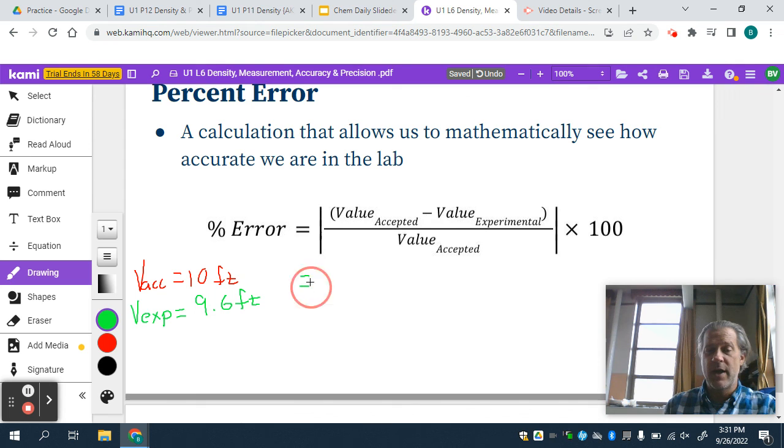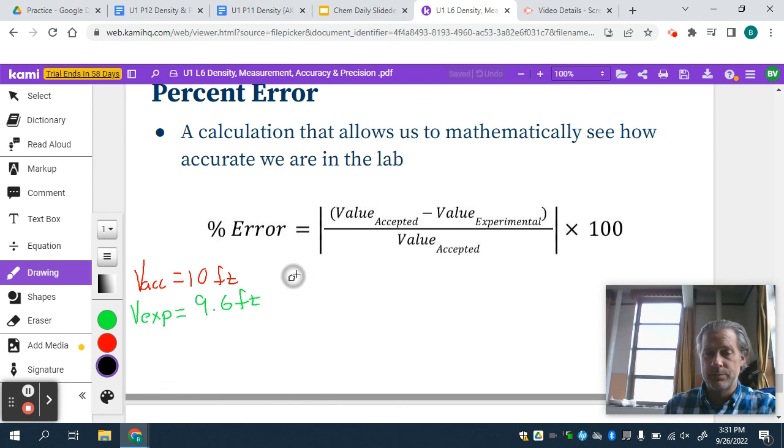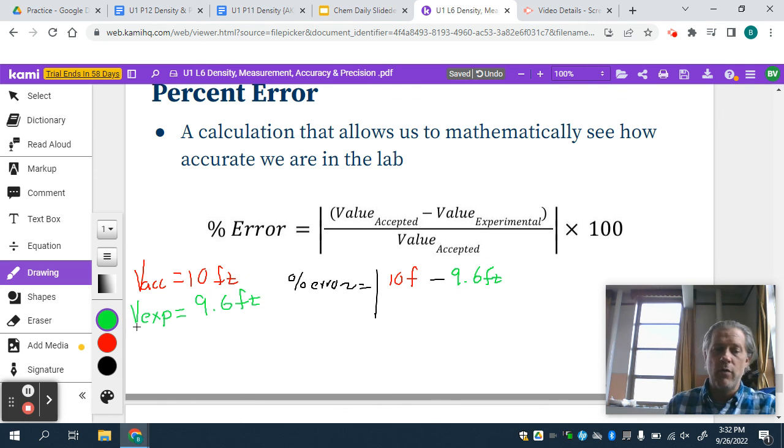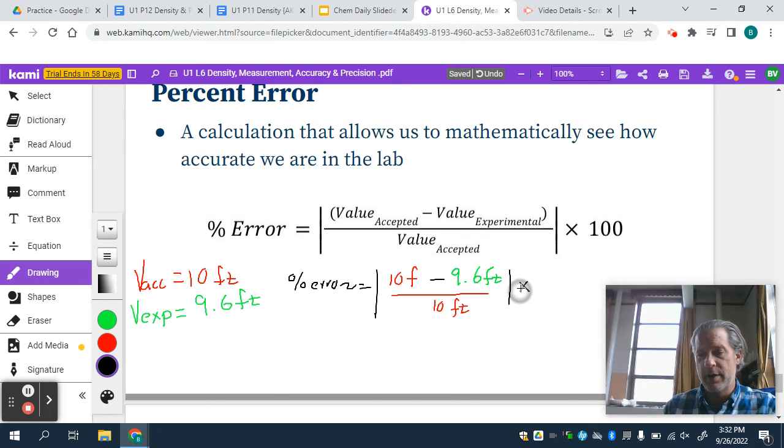The percent error is equal to the value accepted, which in this case would be 10 feet, minus the value experimental, which would be our basketball hoop that's a little short at 9.6 feet, over the accepted value, which would be 10 feet. And then we multiply times 100.